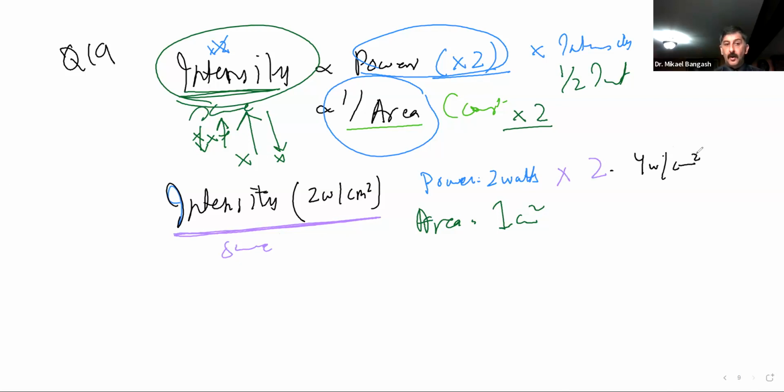Which is not true in accordance with the question. So we double the power. What would be the change in the area that will be required to still keep the intensity the same? That will mean we will also have to double the area.